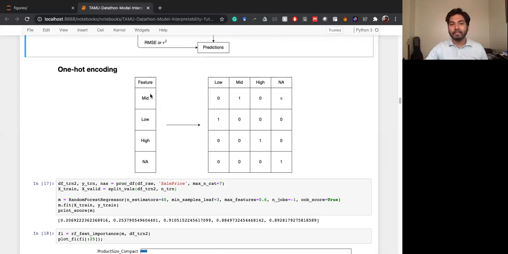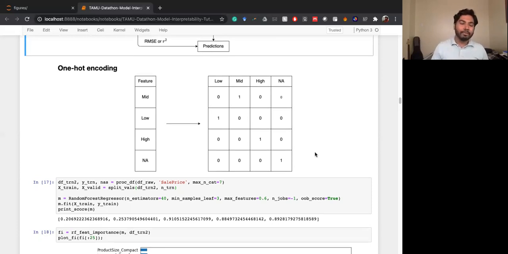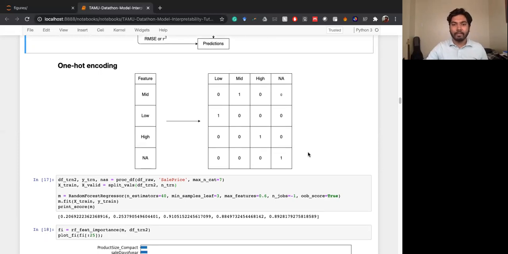So let's say this is row 0. In row 0, since we have feature mid active, you just mark 1 at mid and set the rest of them as 0. What it does is it helps you analyze the subcategories and their relationship with the target variable, which in this case is price.